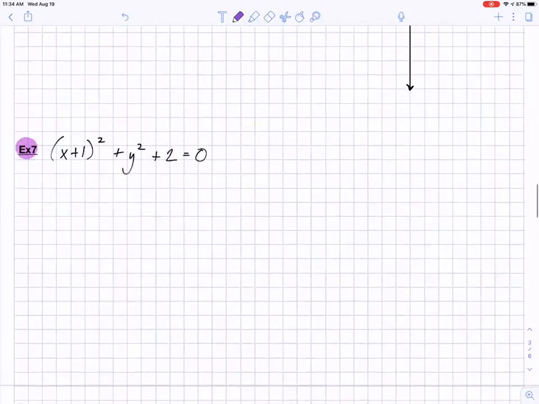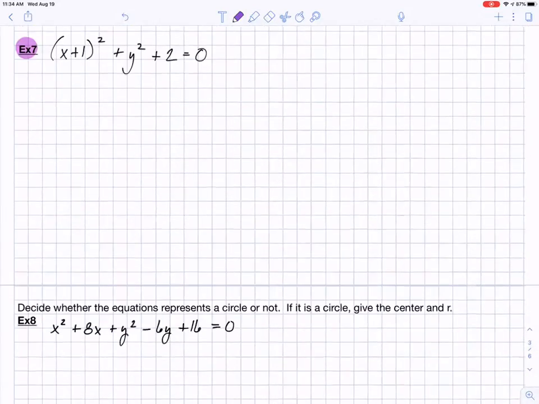Okay. All right, next, number 7. What's wrong with this? It's not in standard form. And remember, in order to draw something, what is it that I need to have? H, K, and R. Well, I can't see my H, K, and R unless it's in standard form.